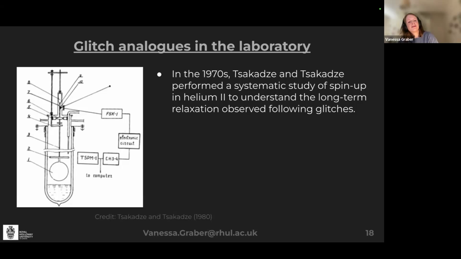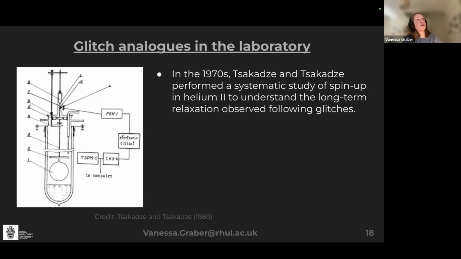And I just wanted to show you one of the examples that you probably heard of, but I am still always very excited about when I see this. There was this experiment by Zagatse in the 1970s where, inspired by the long relaxation timescales observed after the first glitches in the 70s, they built a very simple experiment where they tried to reproduce spin-up experiments in helium with different spheres, different temperatures, different pinning configurations, and so on.